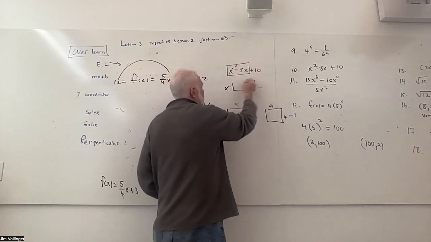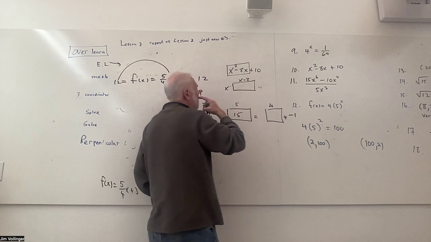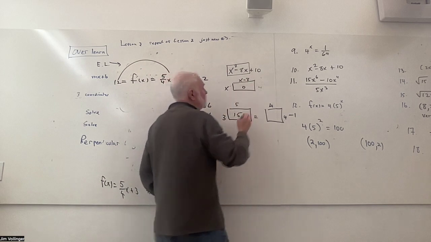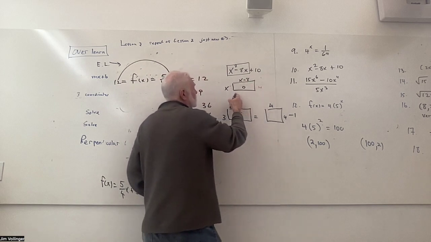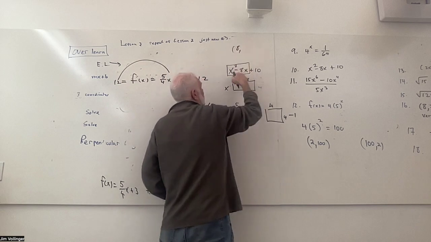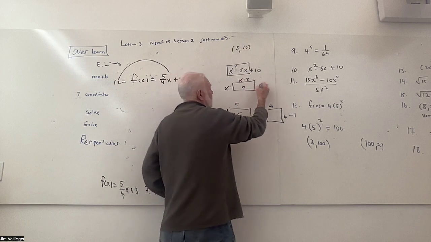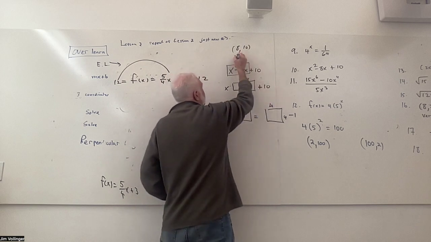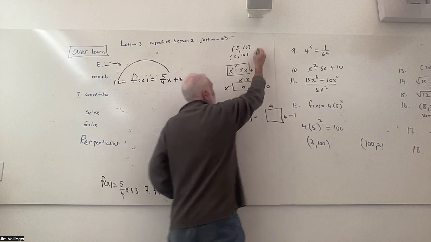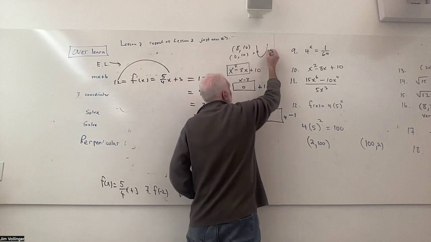x times x minus 8. All right, what are the roots? What makes a 0? Well, it sure looks like an 8 makes a 0, which gets me 10. And a 0 gets me 0, which gets me 10. That's a parabola going through 0 and 8.